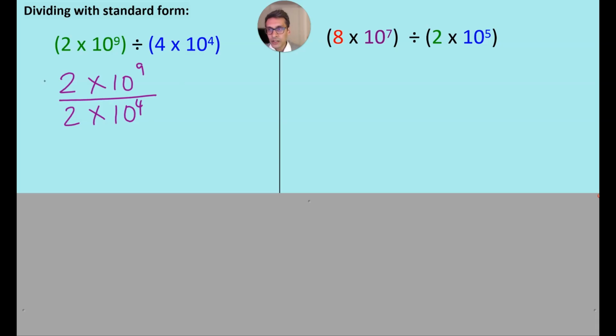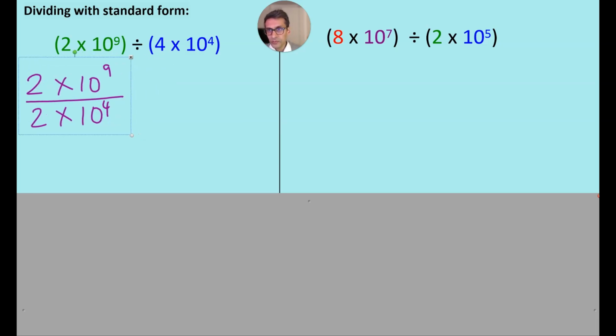Now we can actually split this up. We can just write this as 2, so that should say 2, sorry, that should say 4. So this is going to be 2 over 4 times 10 to the power 9 over 10 to the power 4.